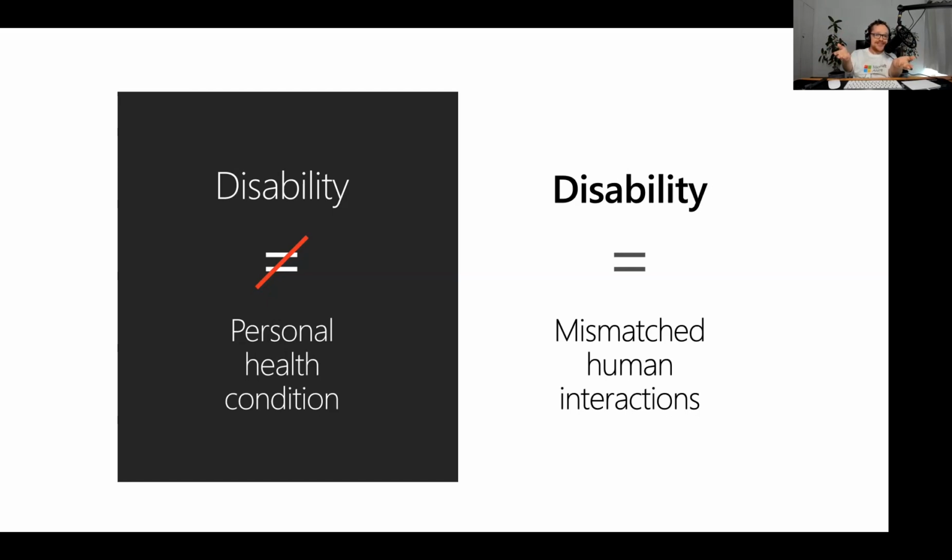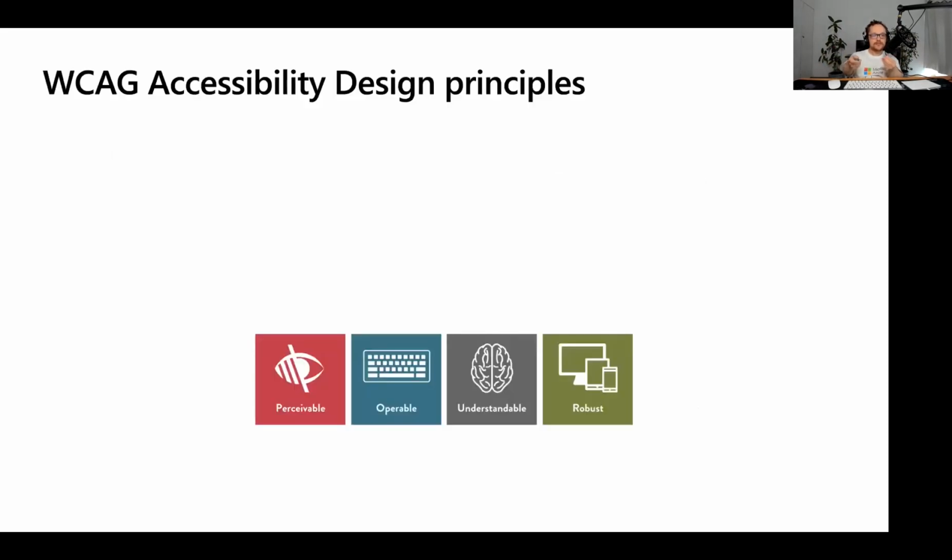At the time I weighed 66 kilos, so the whole family had to lift me up to get that picture. And I felt disabled because that camera had made me feel that I had a mismatched human interaction. And that really is what we want to do: if you design for accessibility, you stop people feeling disabled, because they will be able to use your systems.